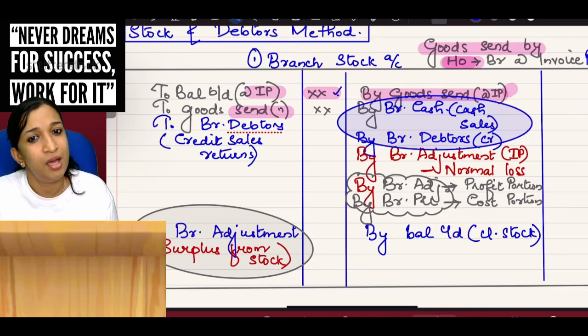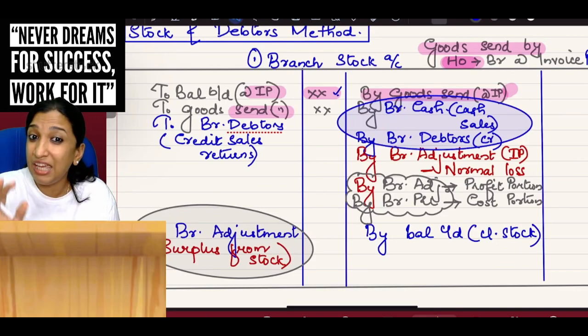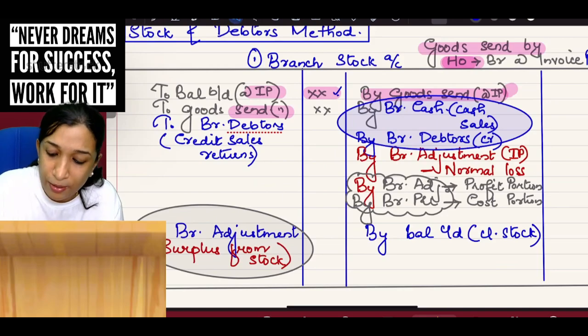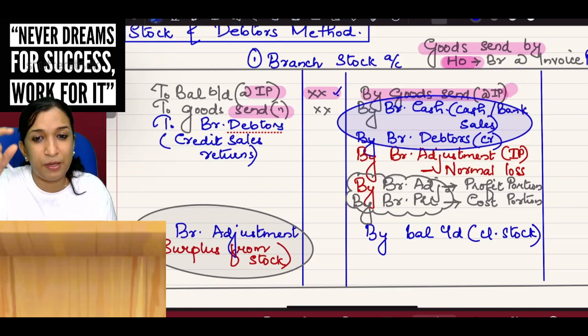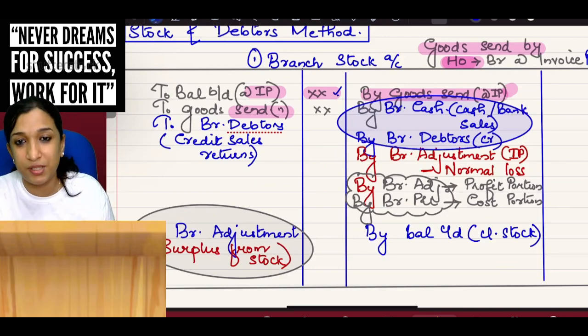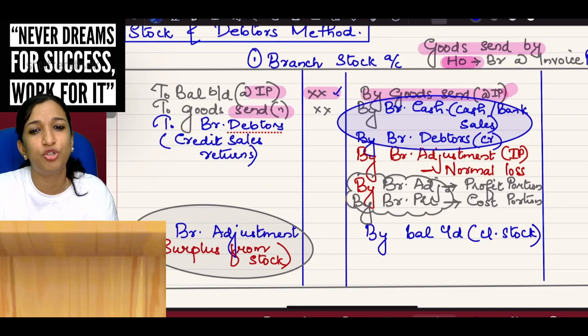Branch cash increased, to branch stock. If that cash is to be immediately remitted to HO, I can also do it by bank. It's okay: if the initial paragraph of a question says cash is to be immediately remitted to HO, you can write bank to branch stock.